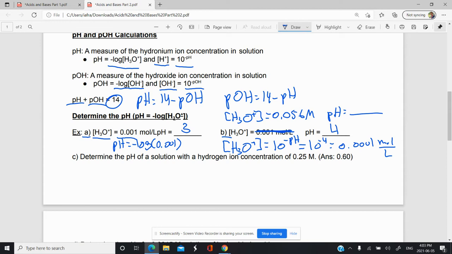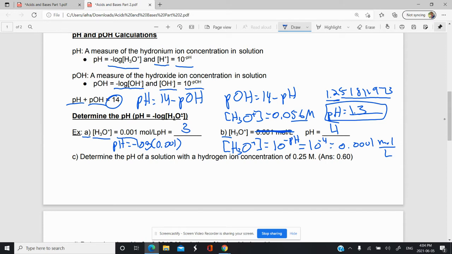So our negative log of 0.056, and we get about, keeping it to the same number of sig figs, 1.3. So there were 2 sig figs here. I had about 1.251811973 in my calculator, but I kept it to 2 sig figs. This is a 5 after the 2 plus a whole bunch of other numbers, so it's past the midline. So pH of 1.3, which is quite acidic.